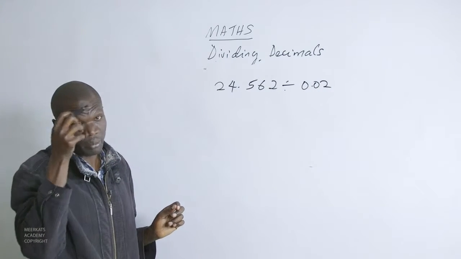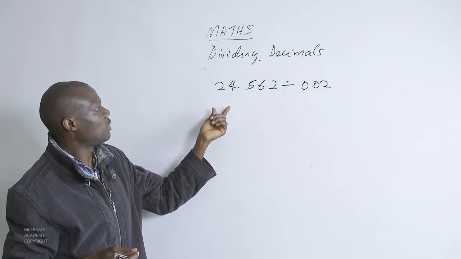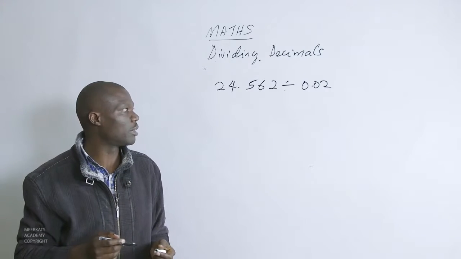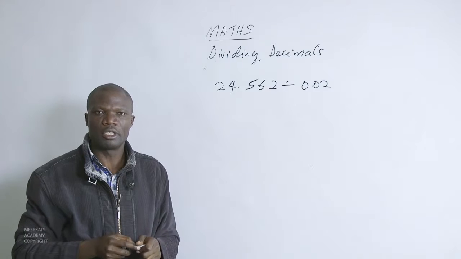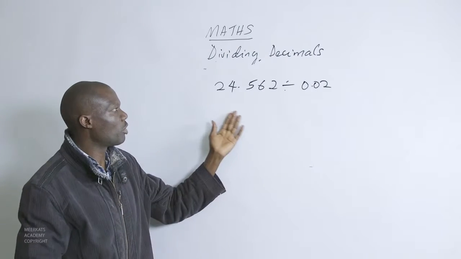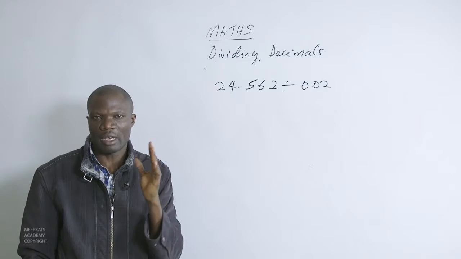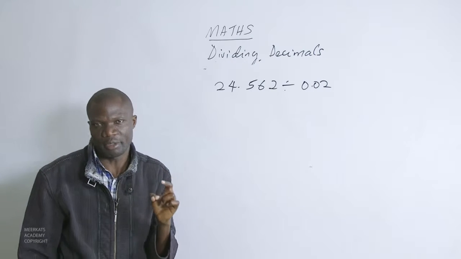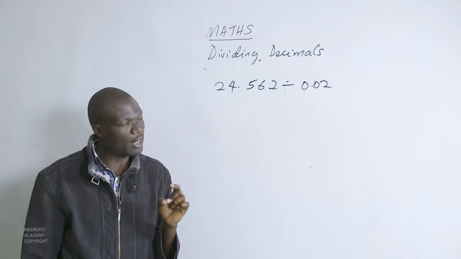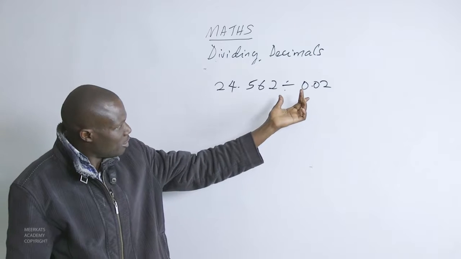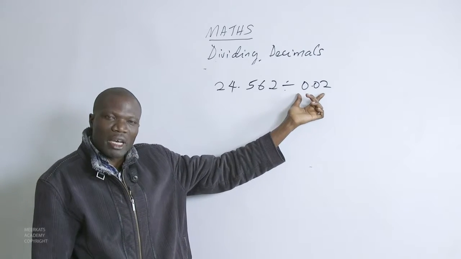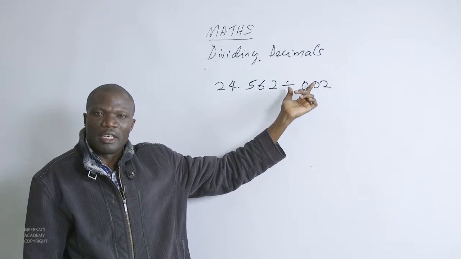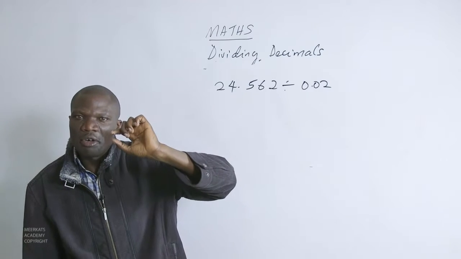We have two numbers here, 24.562 divided by 0.02. Both are decimals. But for us to be able to divide this, we must reduce the divisor to be a whole number.